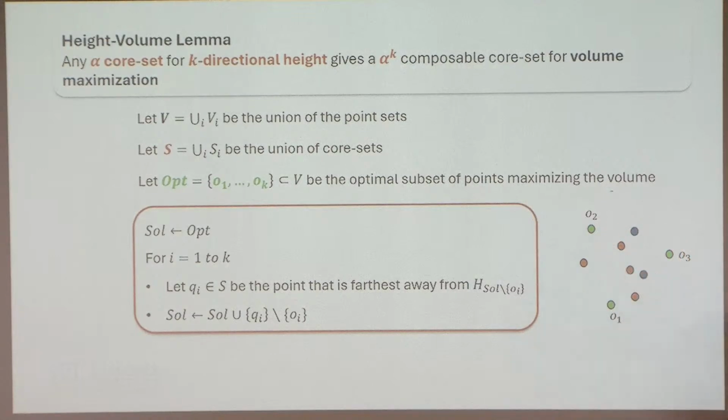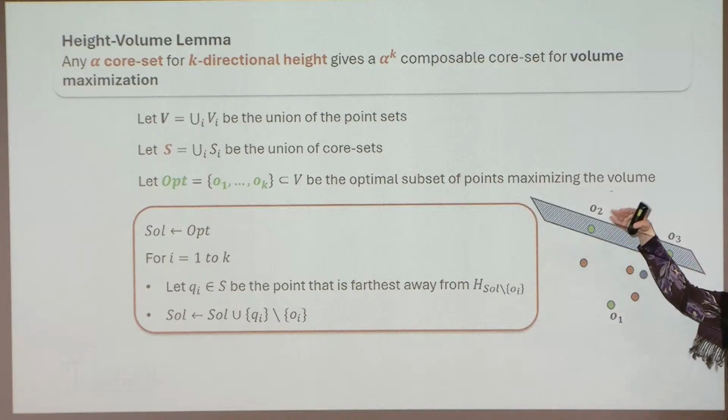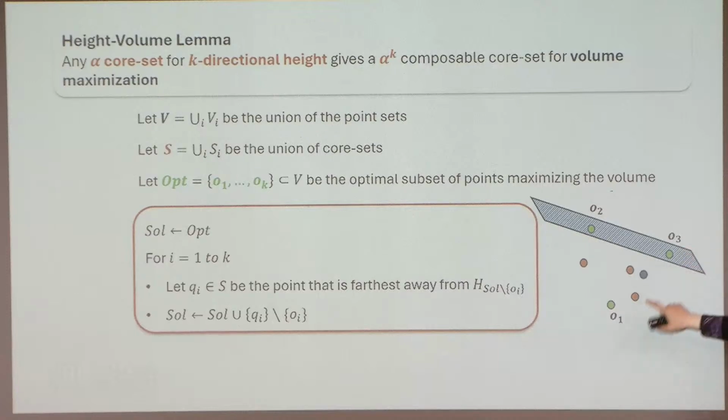V. And now what we can do is the following. I'm going to replace these points one by one with the points from the coreset, such that at each iteration, the volume will decrease only a little bit. In particular, I'm going to look at the k-1 dimensional subspace that passes through all the points in the optimal solution except the first point, O1.